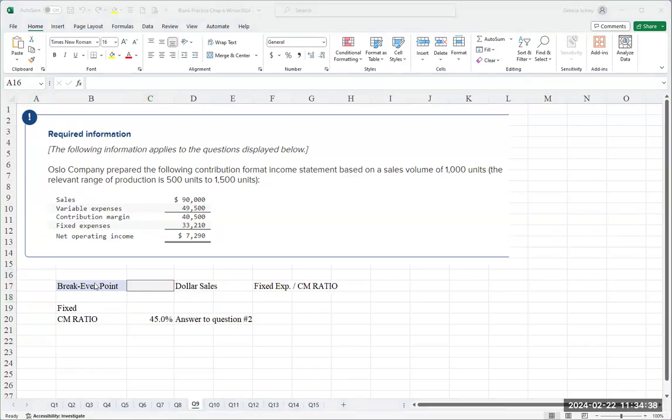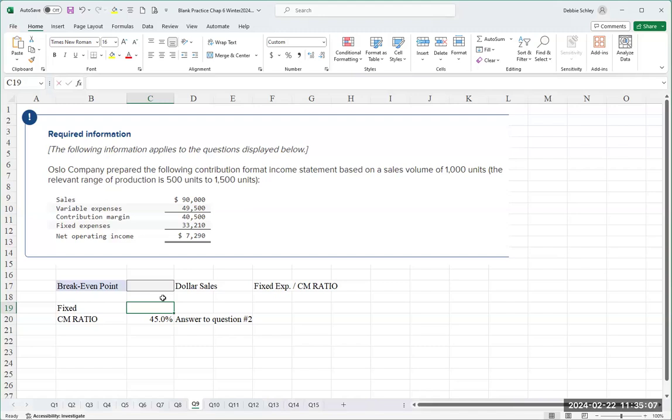Now, question 9, they want the break-even point in dollar sales. So if you recall, contribution margin ratio was answered in question number 2. We figured that out. And to get the dollar sales, it's going to be the fixed expense because, right, that's what contribution margin has to cover, is fixed expense to get to break even or a zero net operating income.